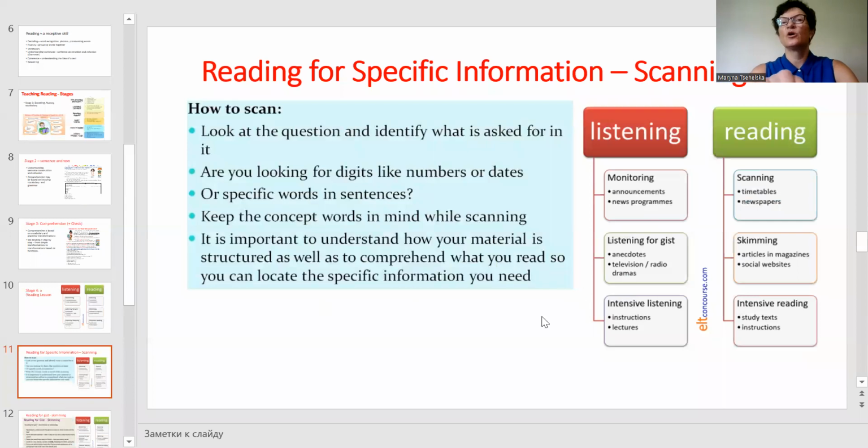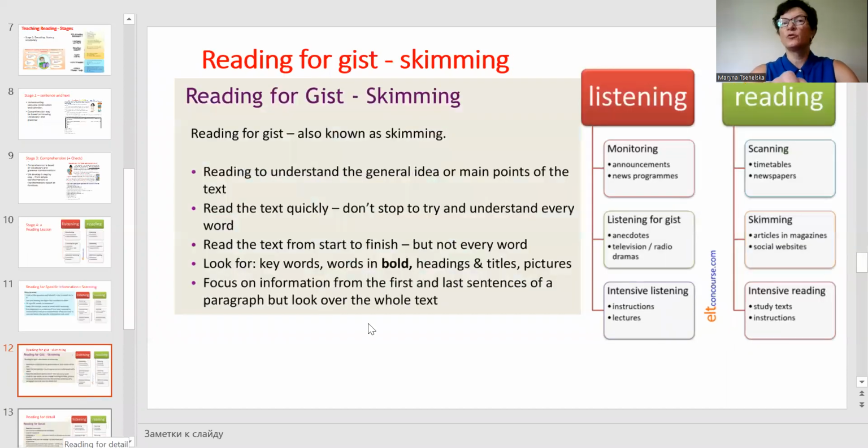So when we scan, we usually look for important information and concept words. When we skim, we go deeper, but keywords are also important, and we read the text to understand the general idea.